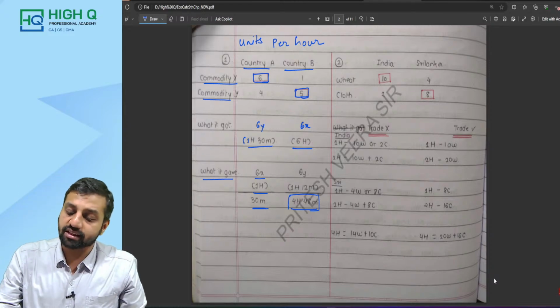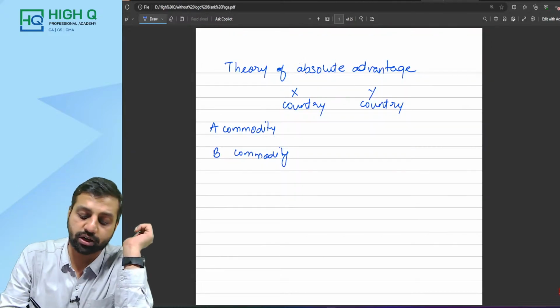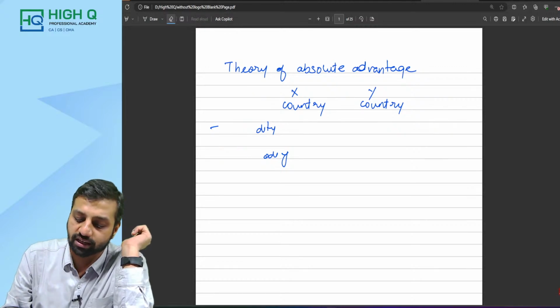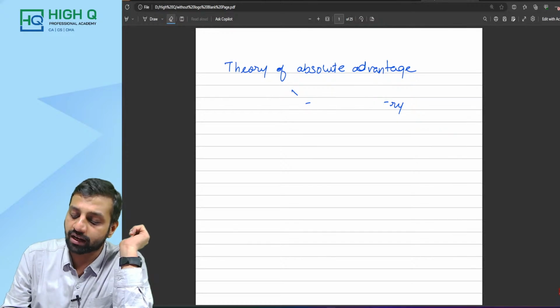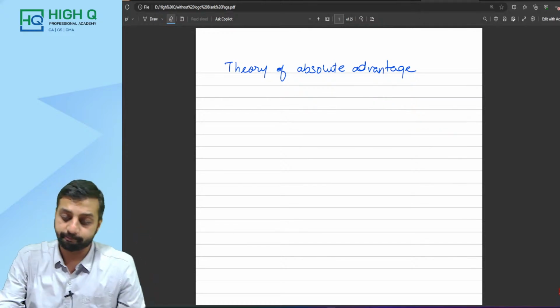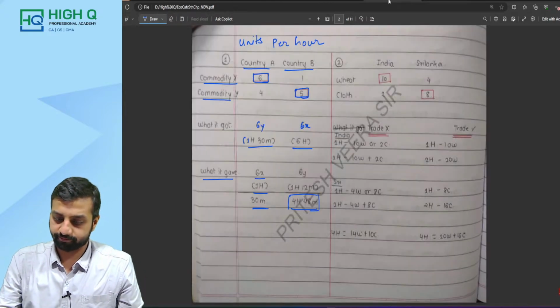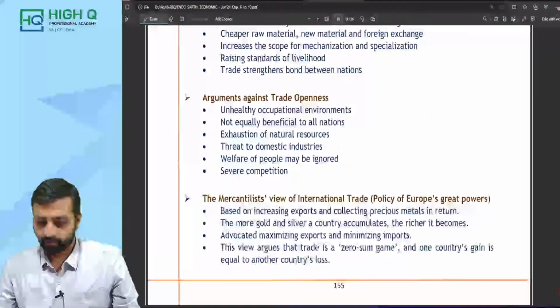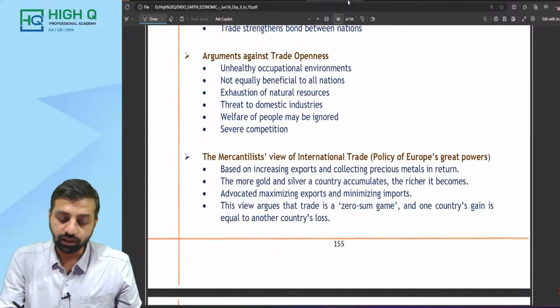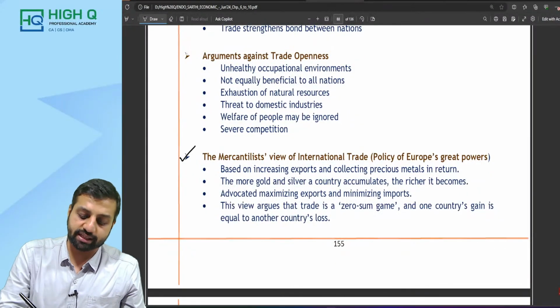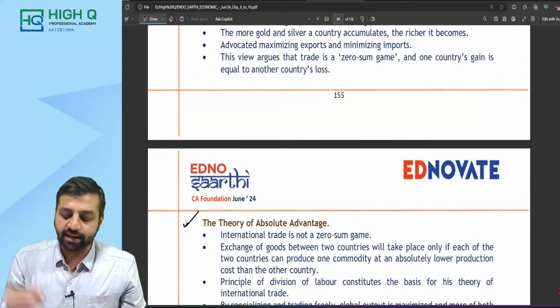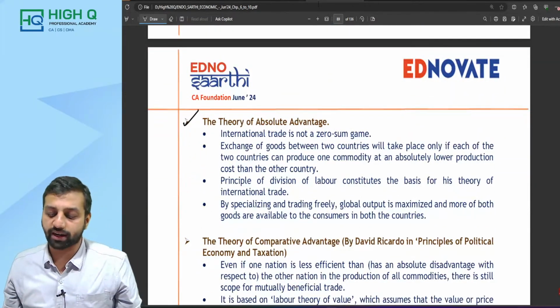So this is the theory of absolute advantage, in which one country has advantage in producing one commodity, another country has advantage in producing another commodity. So the first theory was mercantilist. Second theory was theory of absolute advantage.